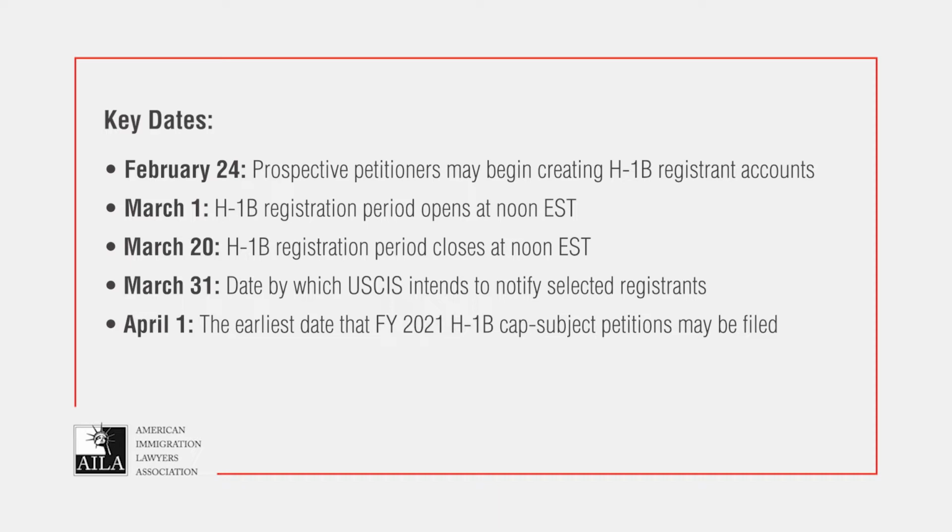On March 1st, the H-1B registration period opens at noon Eastern Standard Time and closes on March 20th, noon Eastern Standard Time. March 31st is the date by which USCIS intends to notify selected registrants. Selected registrants can begin filing petitions on April 1st and will have 90 days to file.